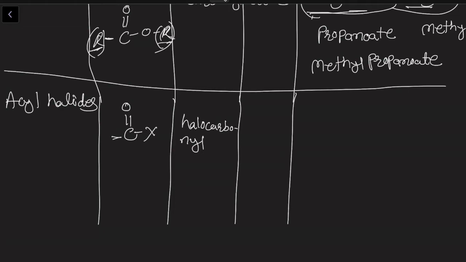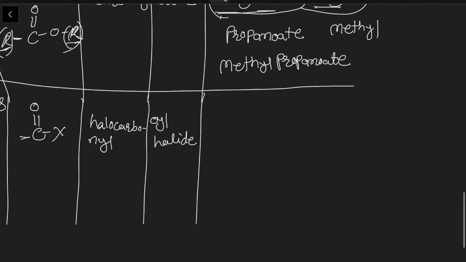And it does have a suffix. The suffix is -oyl halide. Now let's see how they get used in examples so you get a better understanding of it. So you'll have CH3, CH2, CH2, CO, Cl.